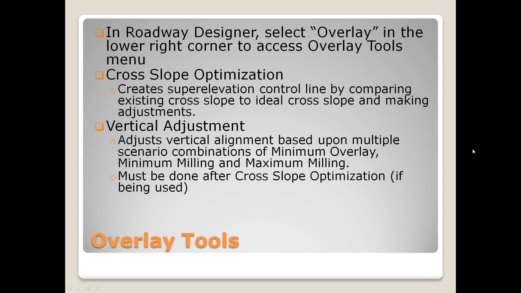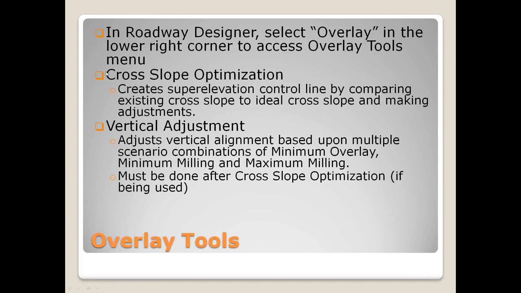In Roadway Designer, there's also some overlay tools. You have to have the components built to use the tools, but there's also some tools to use with the components that are actually pretty helpful. Just a little too much to cover in 20 minutes.